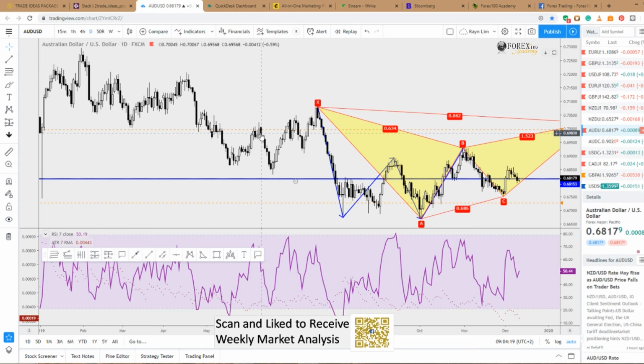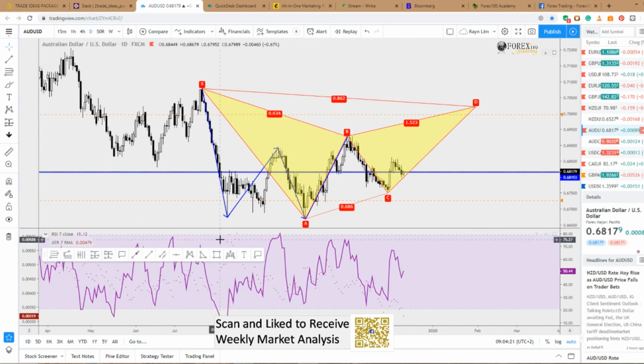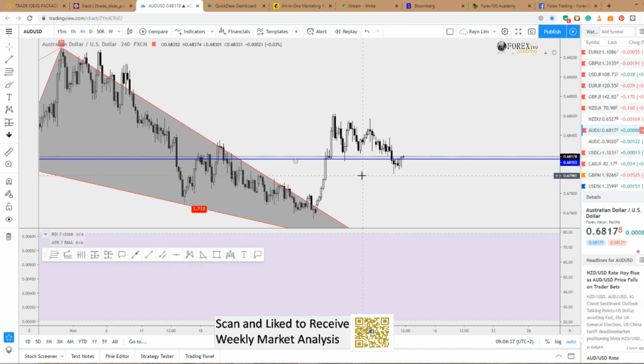Over here, it was a double bottom for quite some time until yesterday. I spotted a potential Gartley pattern forming at 1790, 7019, for a selling opportunity, a shorting opportunity over here. That's that. To the 4-hour chart.